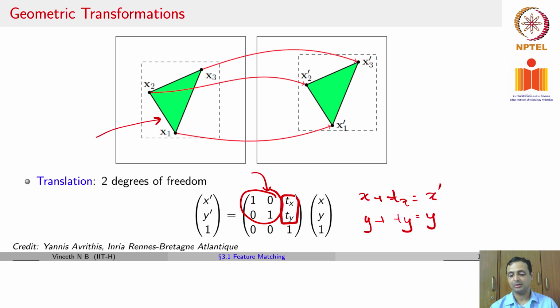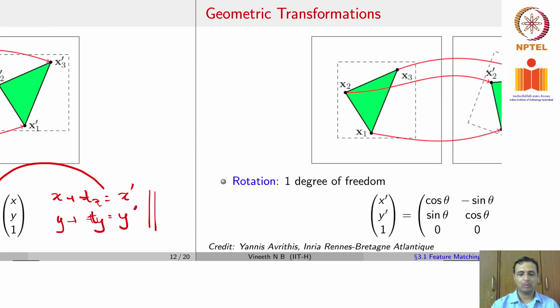The third one doesn't matter. You're just going to have 1 is equal to 1. But this is exactly what we're looking for. This is just a system of equations, and we're simply writing the system of equations in terms of a matrix transformation on a vector to give you another vector. This is translation. Let's see one more.